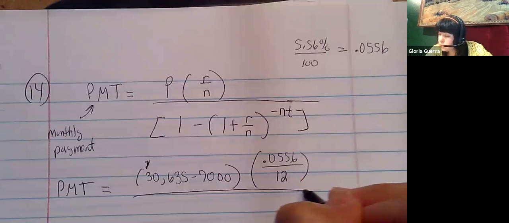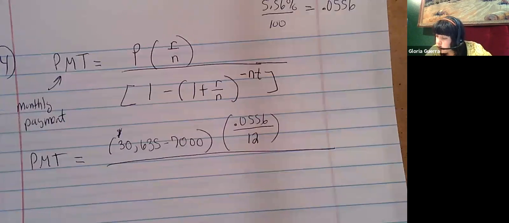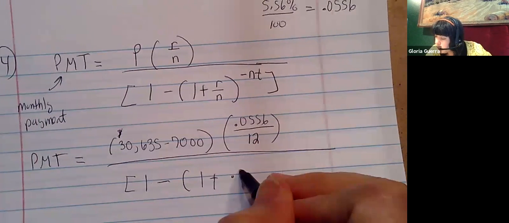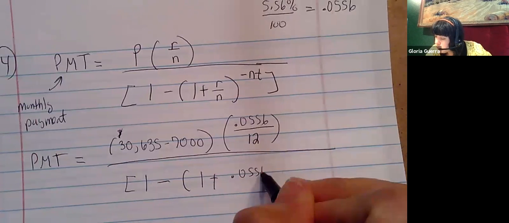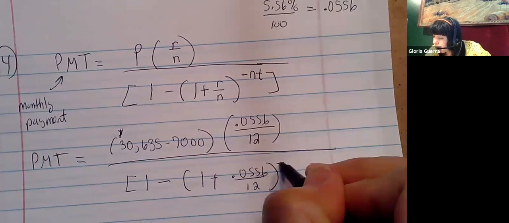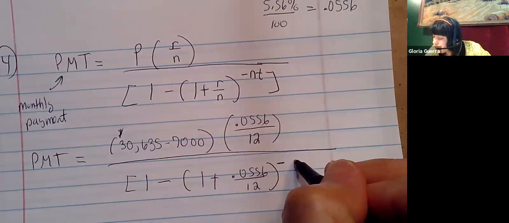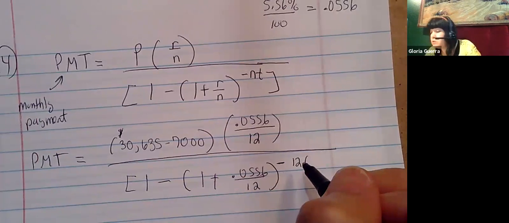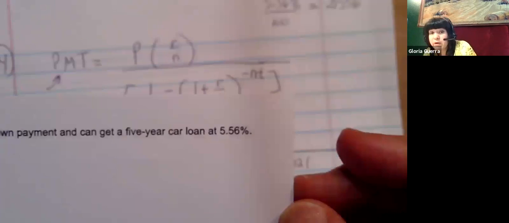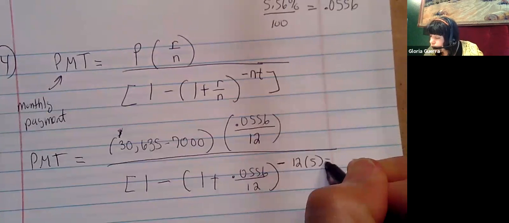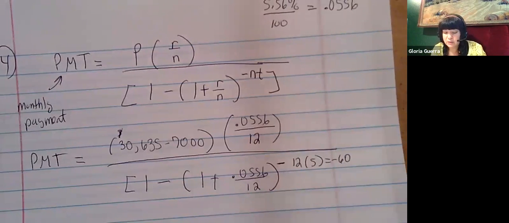Okay, and it's all over 1 minus 1 plus 0.0556 divided by 12 to the negative n. So n is 12, negative 12 times t. And how long are we doing this for? They said 5 years. So that's actually a negative 60. All right. Negative 60.